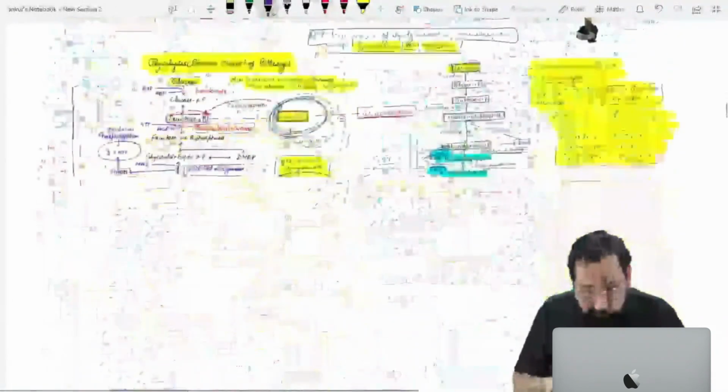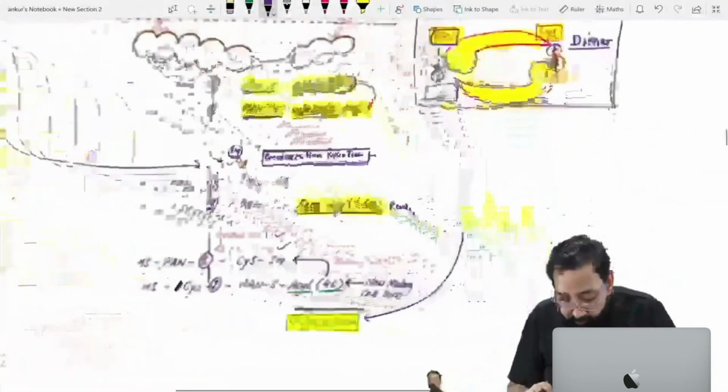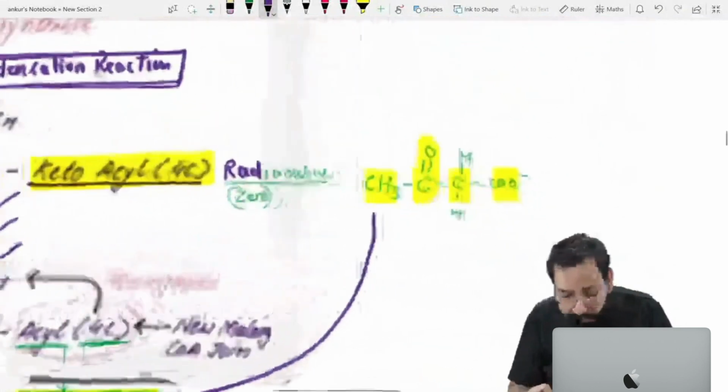And this NADPH is used by reductase. What does reductase do? Look at the screen.